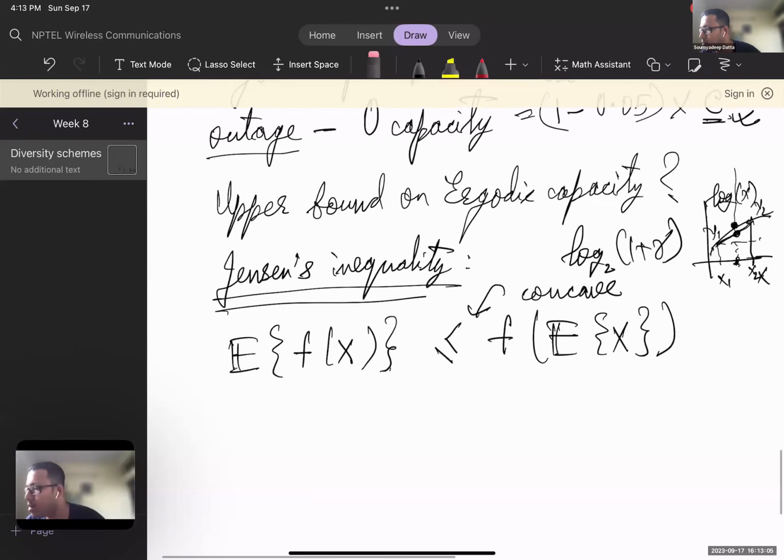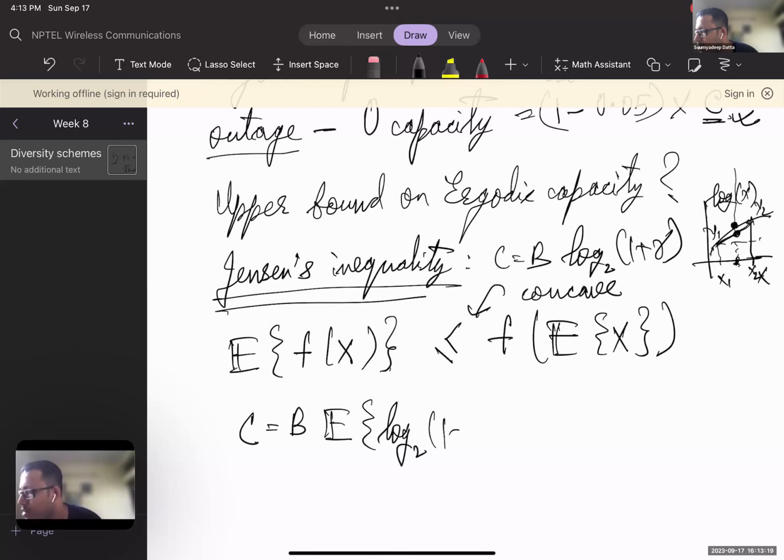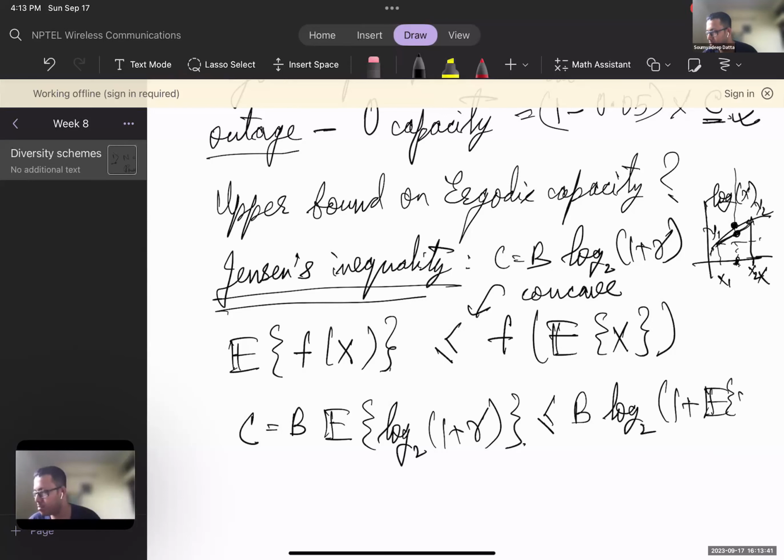So for the upper bound, what will we do? Ergodic capacity is C equal to B times the expectation of log of 1 plus gamma. If you use this inequality, this will be less than or equal to B times log of 1 plus the expected value of gamma, right?